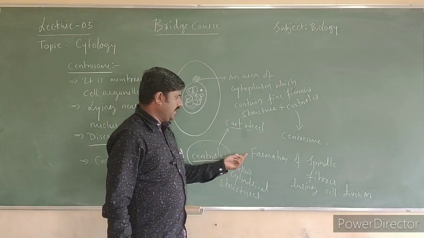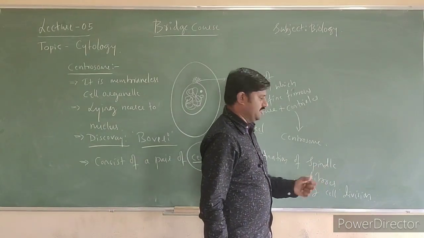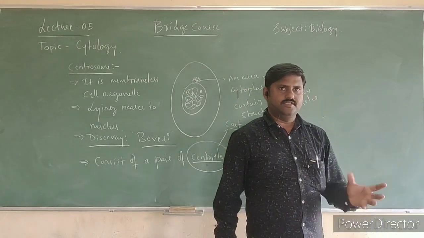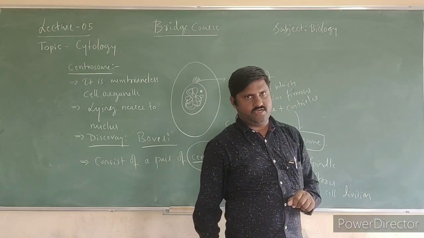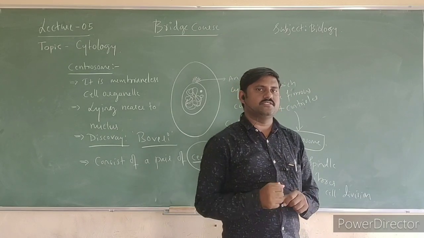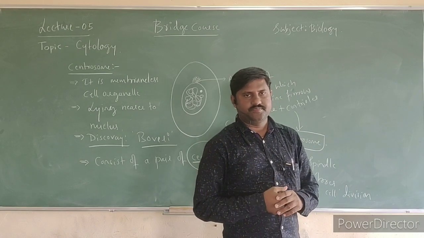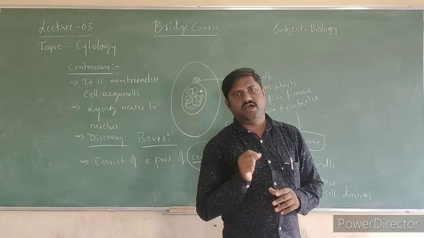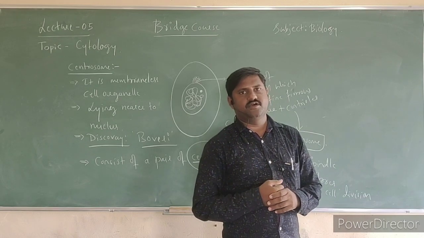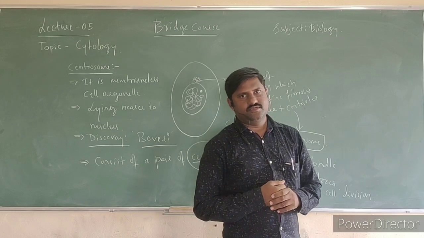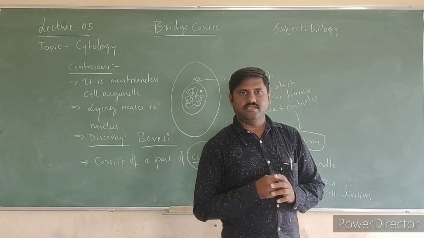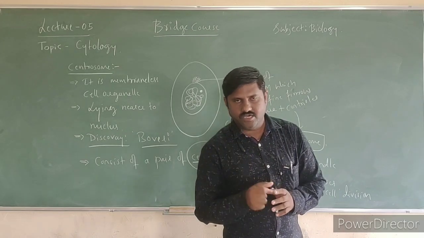As you are seeing during cell division, centrioles duplicate themselves and they start to move apart from each other, and they start to move towards the two poles of the cell. Usually these centrioles are seen in animal cell as well as some of the motile sex cells, right? So in those cells only these are present, and in plant cell usually they are absent.